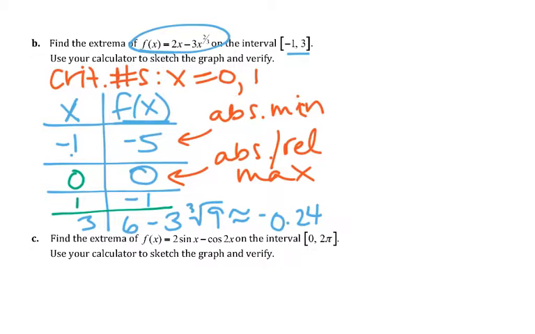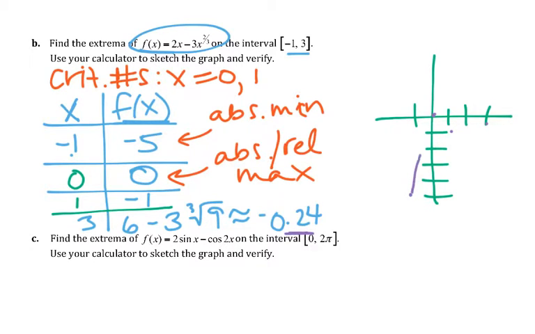Okay, let's plug it in and see what it looks like in our calculator. Our graph has a point at -1, -5, one at 0, 0, one at 1, -1, and one at that -0.24.